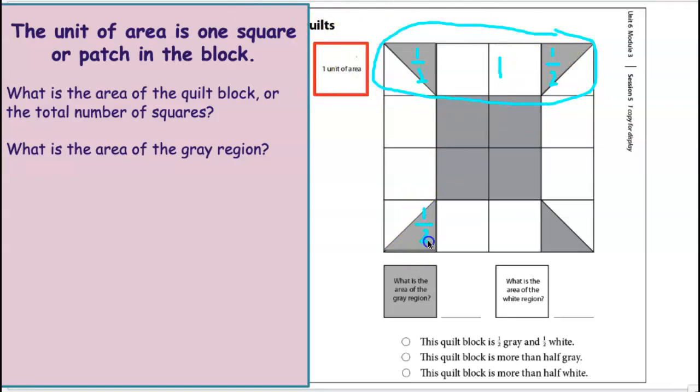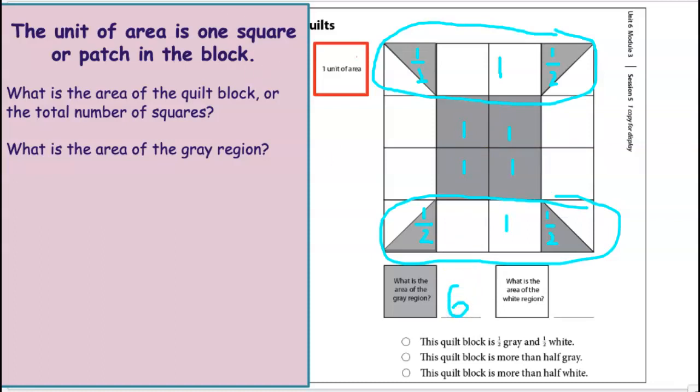So I have my 1/2 and my 1/2 down here to know that when I put my two halves together, I have one whole unit. So now I have another one. I'm just going to add these all up now. I have 1 unit, 1 unit, 1 unit, 1 unit. I know these two together make 1, and these two together make 1. So I have 1, 2, 3, 4, 5, 6 units in the gray region.